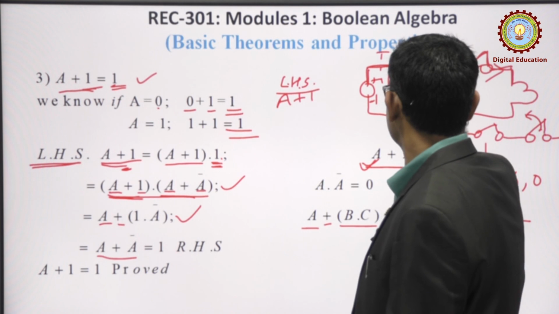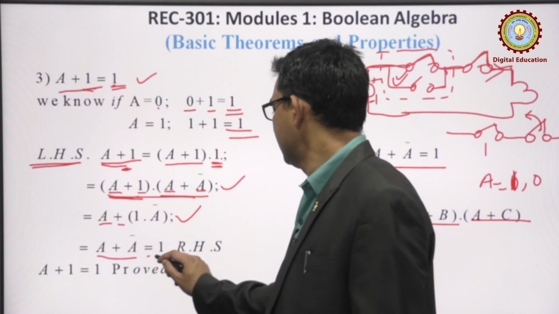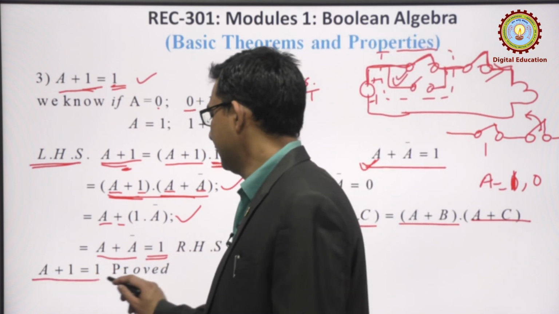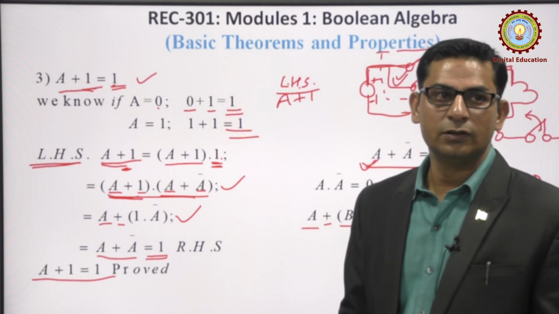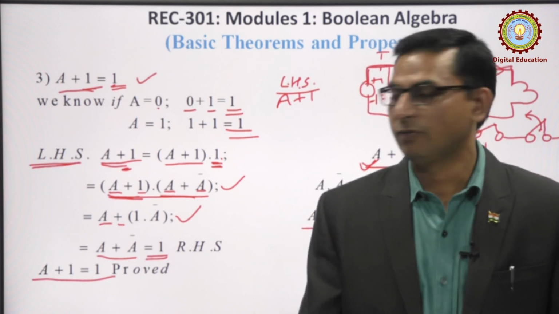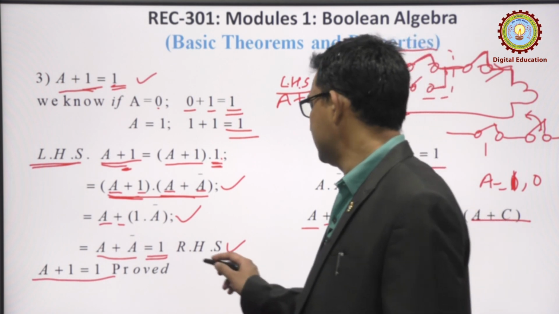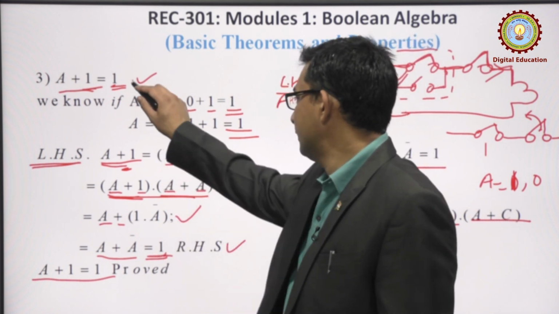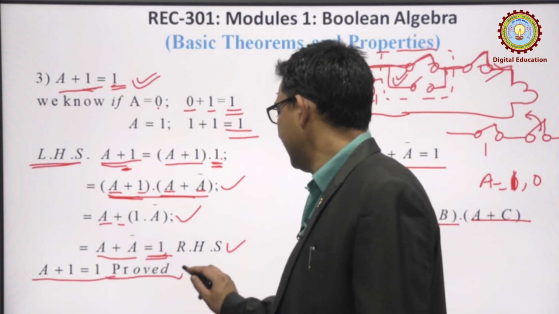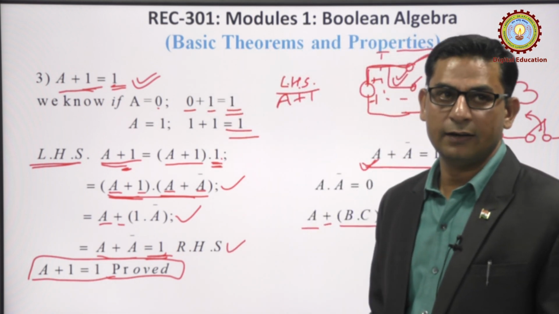Okay. In this case, the supply will be always there, we will get the output 1. So, that is why we can say A plus 1 is equal to 1, because we always get output 1 from this equation. Okay. So, this is the right hand side which is mentioned in the question paper, and it has been proved that A plus 1 is equal to 1.